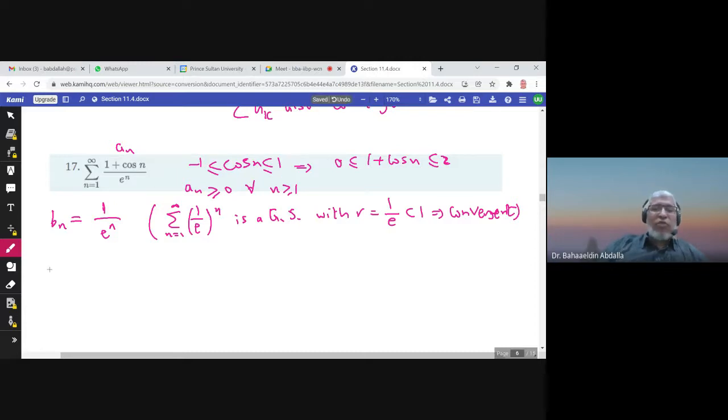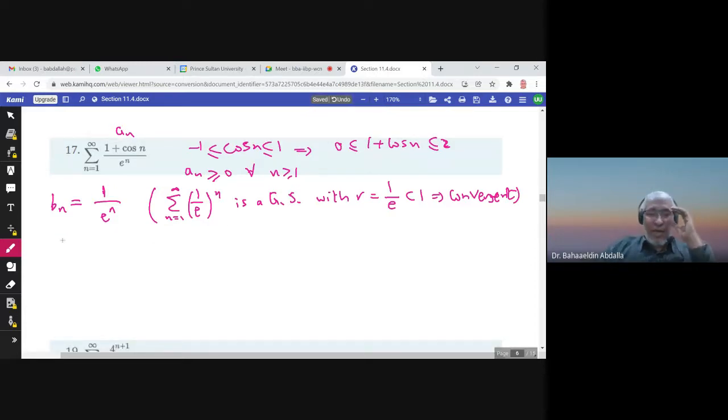And now we need to prove that an is less than bn. So an is 1 plus cosine n over e to the n. We know that 1 plus cosine n is less than or equal to 2, so I can write it less than or equal to 2 over e to the n.